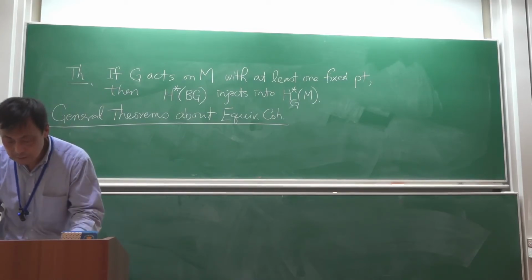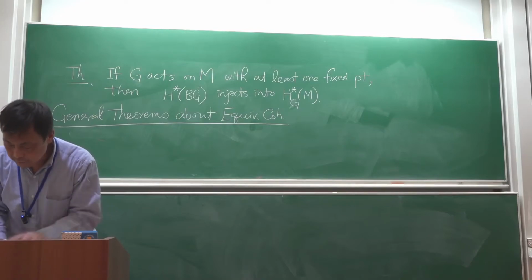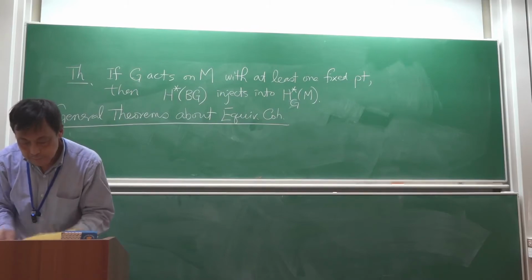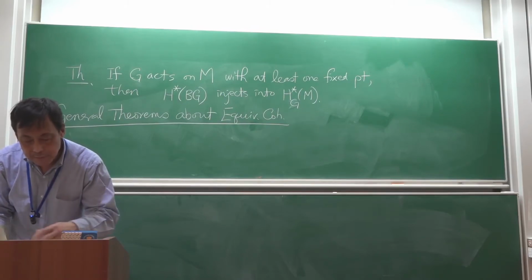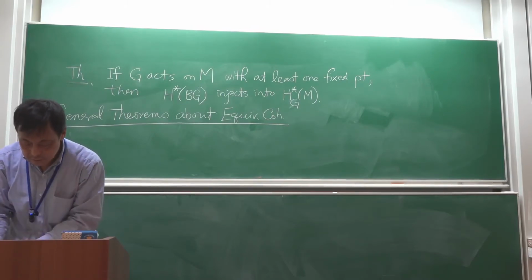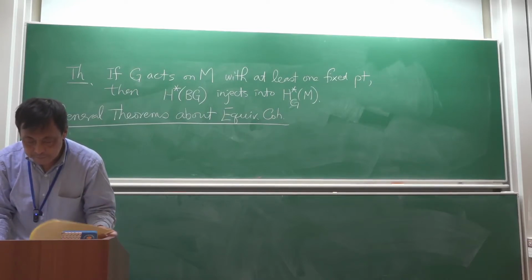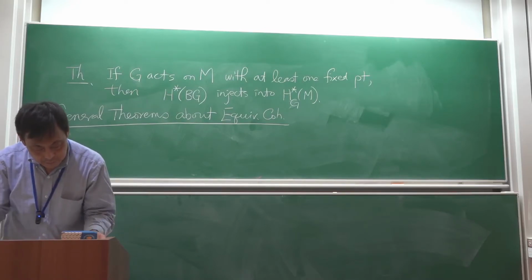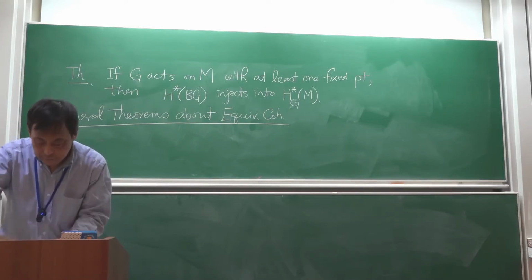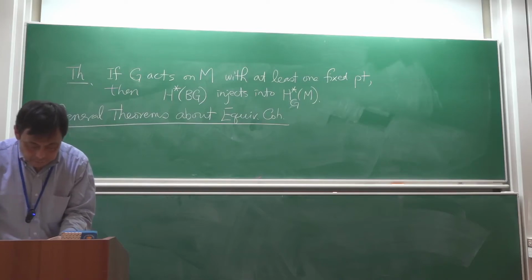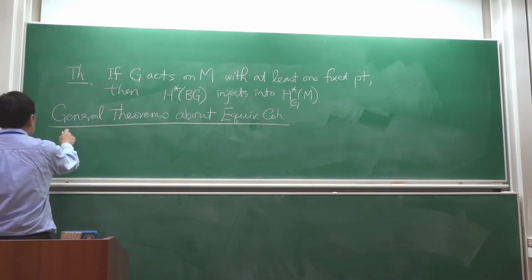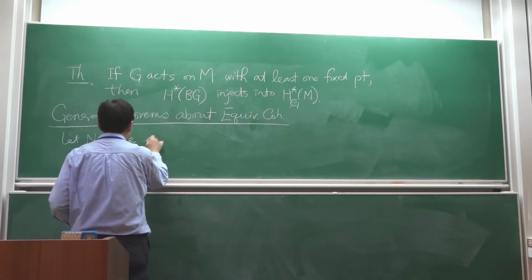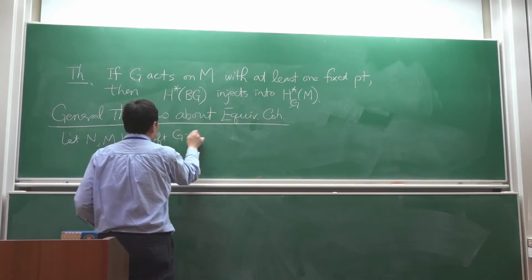Now, the first theorem is: if you have a map of G spaces and it is G equivariant, then there's an induced map. Okay? So let N, M be left G spaces.